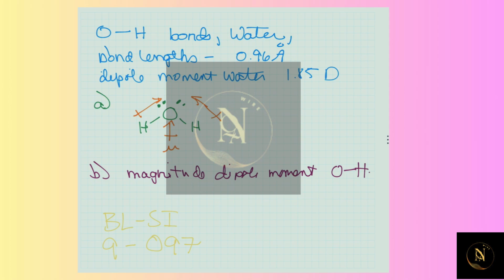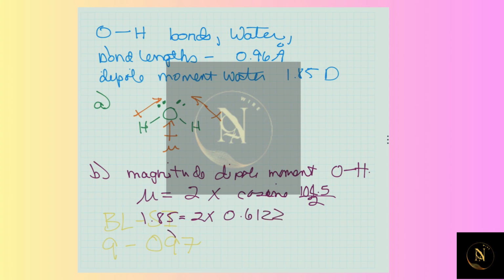I used this: 1.85 equals 2x times the cosine of, and since I had two angles, 104.5 divided by 2. Solving, I had 1.85 equals 2x times the cosine of 52.25, which is 0.6122. X equals 1.51.